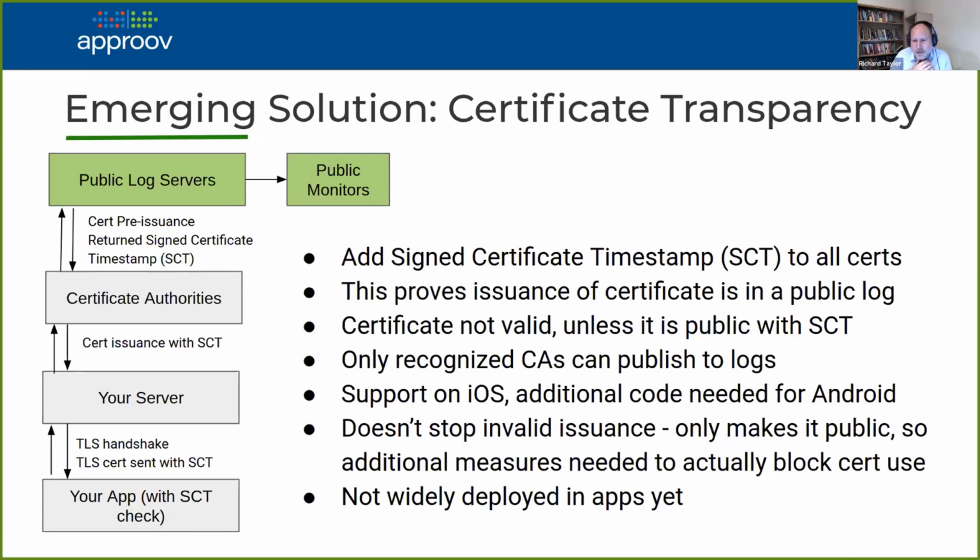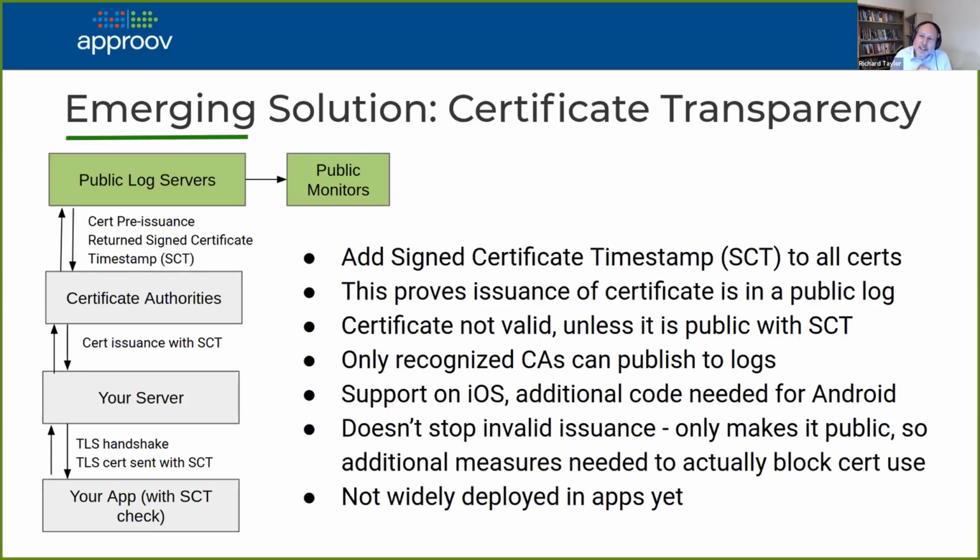This is a solution called certificate transparency. Basically, this is saying that every time you issue a certificate, you need to make sure that it's issued on a public log. This is to deal with the issue of some kind of breach and a certificate being issued against your domain. It doesn't necessarily stop that happening.